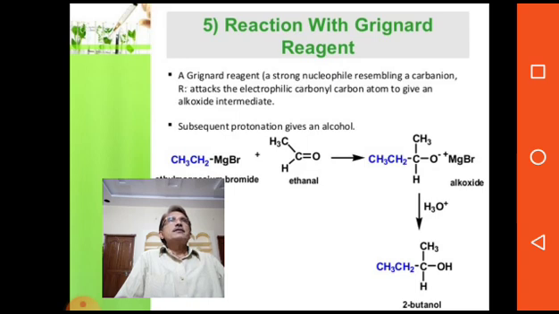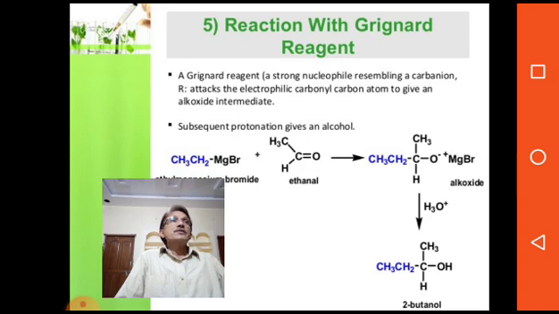Aldol condensation reaction is possible in aldehydes. It is also possible in ketones. Reaction with ammonia is possible with aldehydes. It is also possible with ketones.